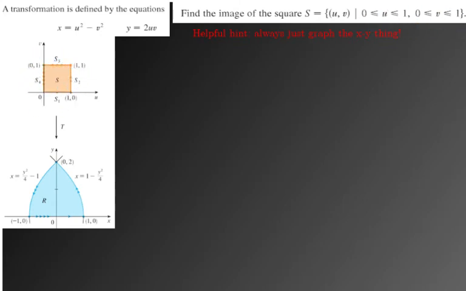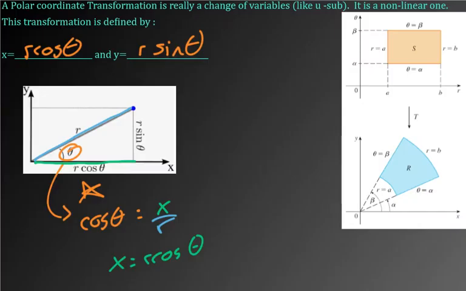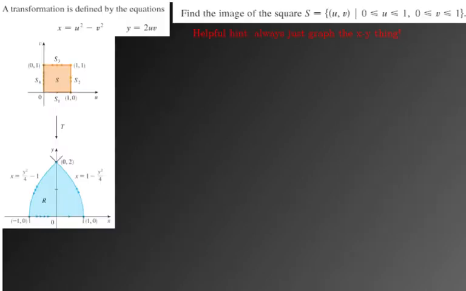I'm going to show you that if you have these transformation equations, x equals u squared minus v squared and y equals 2uv, which is like converting from r and theta over here to rectangular, you can take the unit square and these transformation equations and get this weird region.